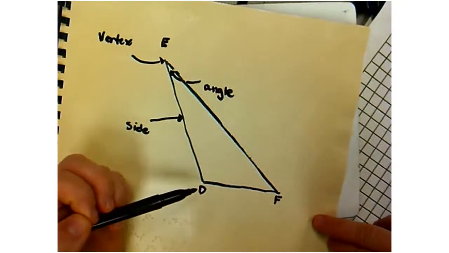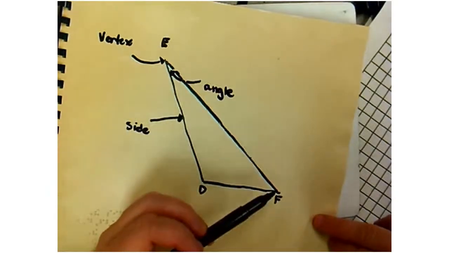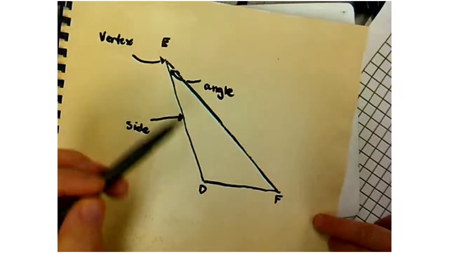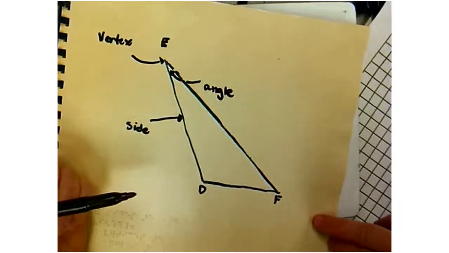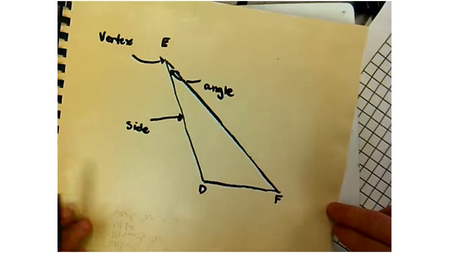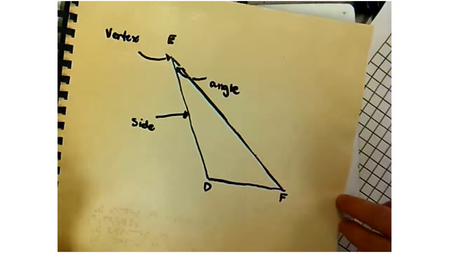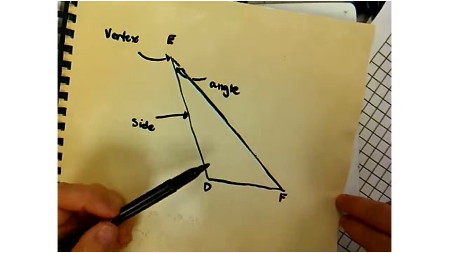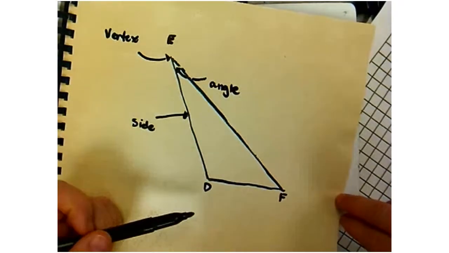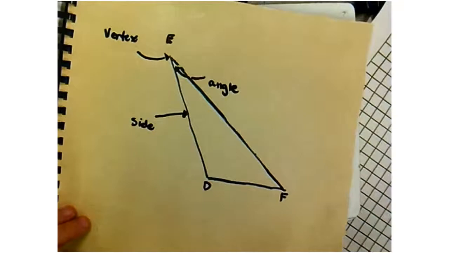The vertices are D, E, and F, and the angles are D, E, and F. Okay? And so all this information, all this way of labeling things, it's all coming to use in this particular section. Right? Mm-hmm. Okay. All right.